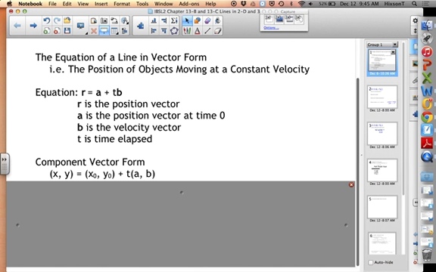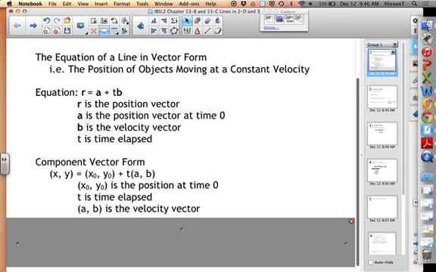We have our position vector x sub naught y sub naught for our starting position, and then we have this velocity vector AB. Okay? So x sub naught y sub naught is our position at time 0, t is the time again, and then AB is our velocity vector. So it's another way you'll see this same equation written.